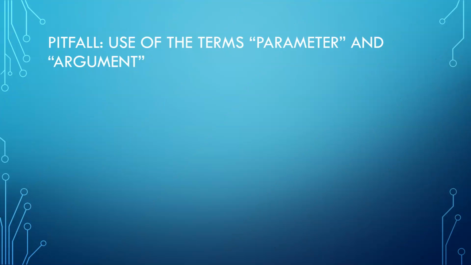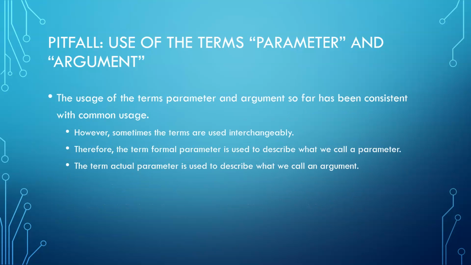All right, one quick pitfall: use of the terms parameter and argument. The usage of the terms parameter and argument so far has been pretty consistent with what's generally regarded as common usage. However, a word of warning is that sometimes people will use those terms interchangeably.